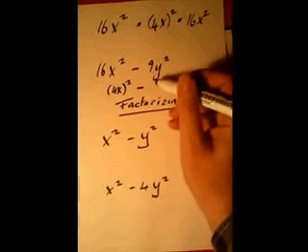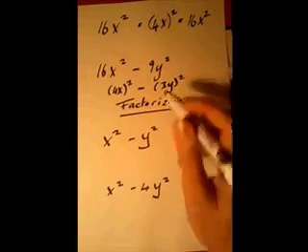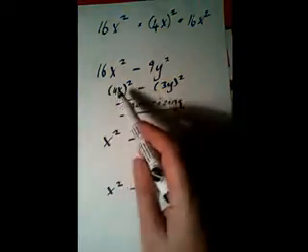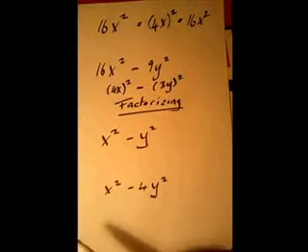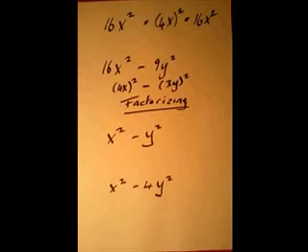So we're going to change that to bracket 3y squared. So now we've got it in the correct form. This is a difference of two squares. Square on the left, square on the right. Okay, so that's the kind of hard part of solving difference of two squares problems.